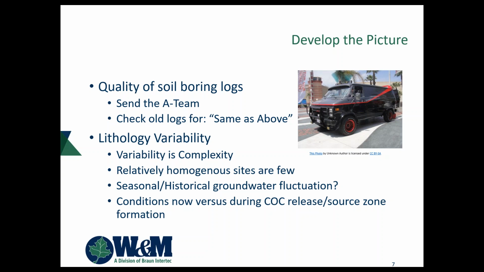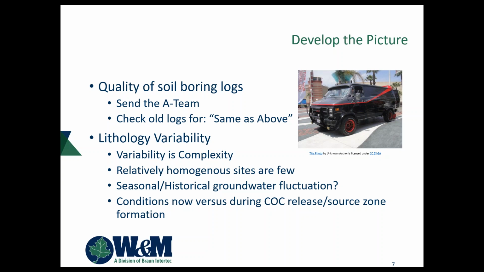I think a lot of us out there have seen 50 pages out of 100 where it just said clay, same as above, page after page with different boring log numbers. That doesn't mean that's inaccurate, but they may have missed some subtle variations in color or sand content or silt content.